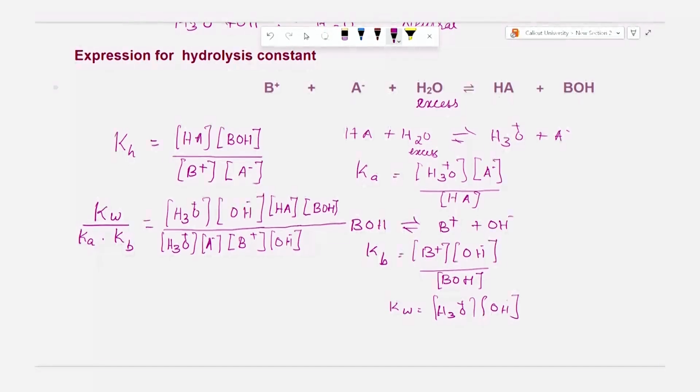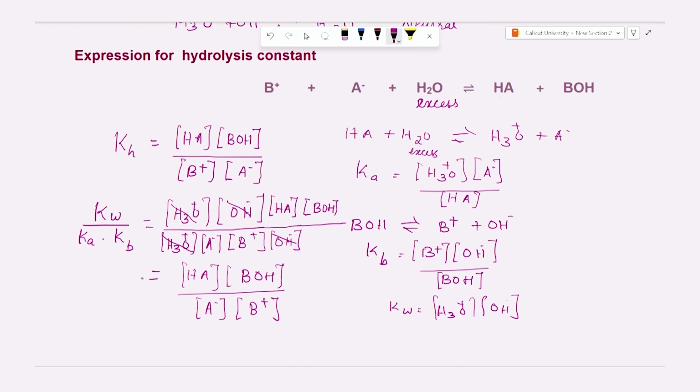Now, let us cancel the terms. Here we have H3O plus, H3O plus, OH minus, OH minus, and the final expression will be concentration of HA into concentration of BOH divided by concentration of A minus into concentration of B plus.